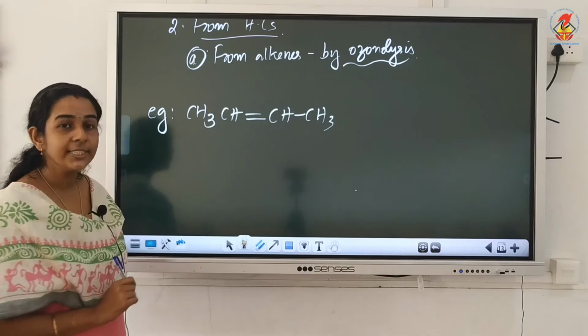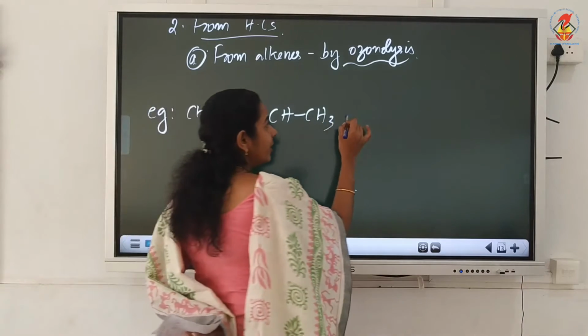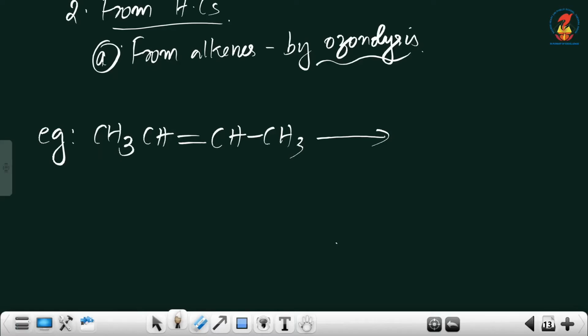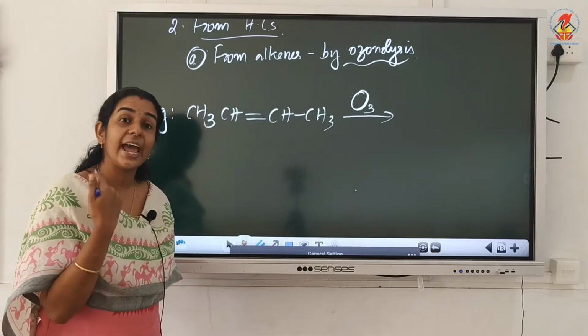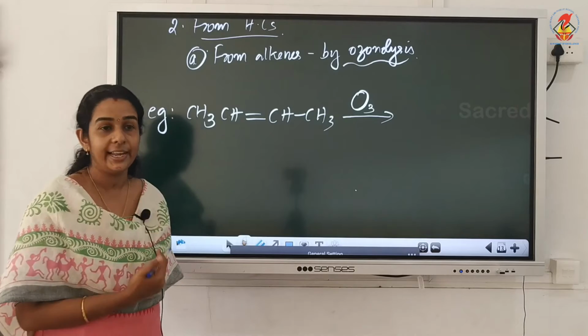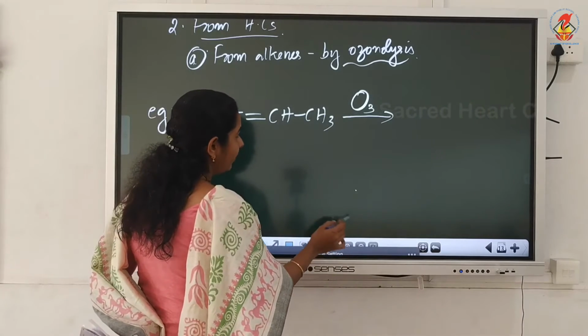So, ozonolysis means first we are treating the alkene with ozone. How are we adding ozone? In the first step we are adding ozone to an alkene. So first what will we get?